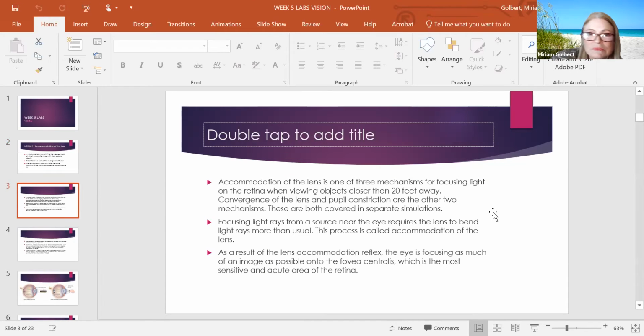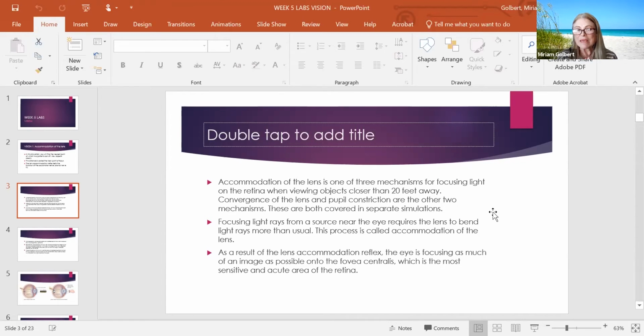So the typical eye exam that some of you maybe have done is when looking at a chart, and we're going to have that too in one of the virtual simulations. That chart is called the Snellen chart. And this is where you can see sharp objects at about 20 feet away.